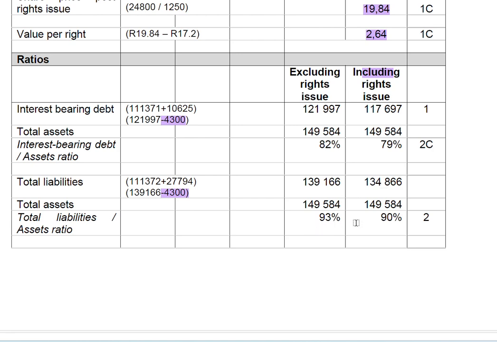And if you're looking at the ratio, it also improved by 3%. It improved because we are reducing the debt. So this gearing ratio is supposed to show improvement. Just by calculating using the information that you have been provided in the scenario, you already have your own 5 marks. And 5 marks can make a lot of difference in determining whether you pass or you don't pass.